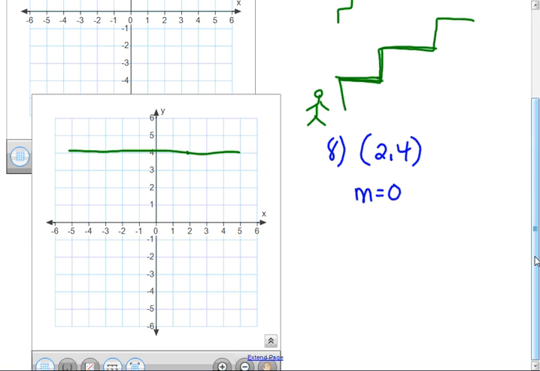Yep. So it's y over x. This is the up, down. This is the right, left. Need better markers than that. And if this is 0 over a number, that means I would go to the right 1 unit, but I wouldn't go up or down. So this is a horizontal line.